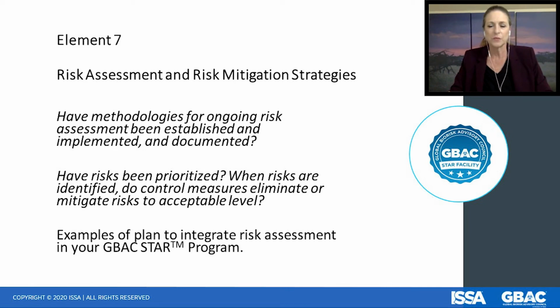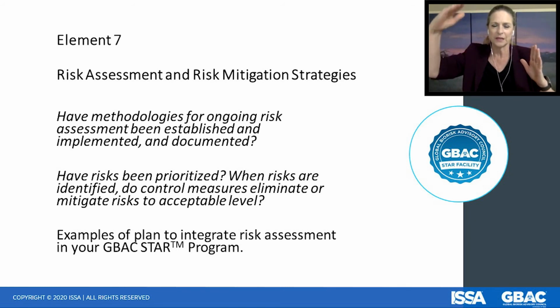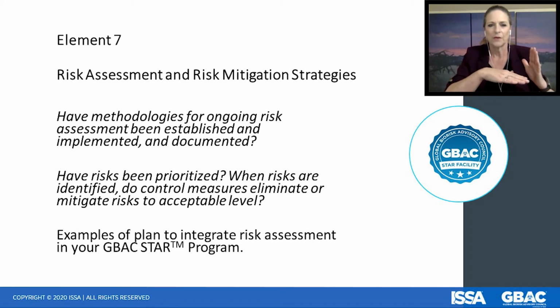in your work practices? When you do an inspection or an audit, to me, that's part of risk assessment. You're trying to identify gaps in your program. Once they're identified, do you have a way to prioritize them? It's always interesting to me when you look at the probability versus severity, and you can go through programs where you can put them on a grid, and you have a line of, this is something that we have to address immediately, and these are risks where the probability is very rare that it's going to happen.